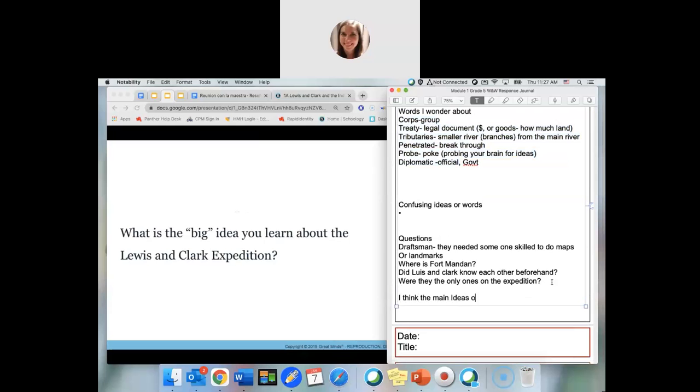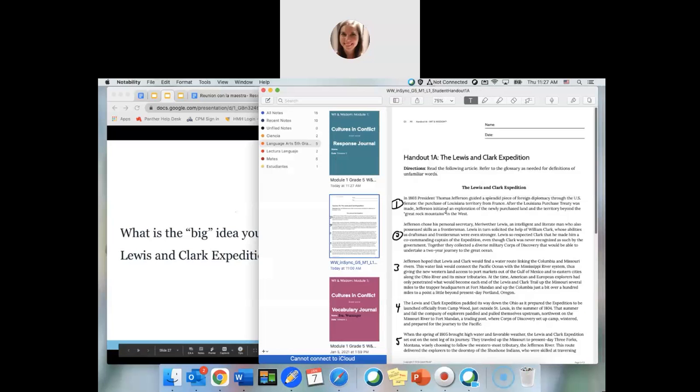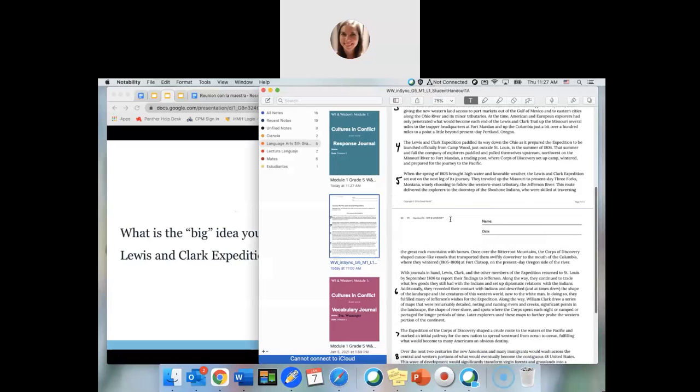Okay, so you guys, I want to ask you now, what do you think is the big idea of this document? I want you in your Notability to write down here, what is the big idea? I want everybody to take a moment, and I think we're going to do this in a sentence frame.